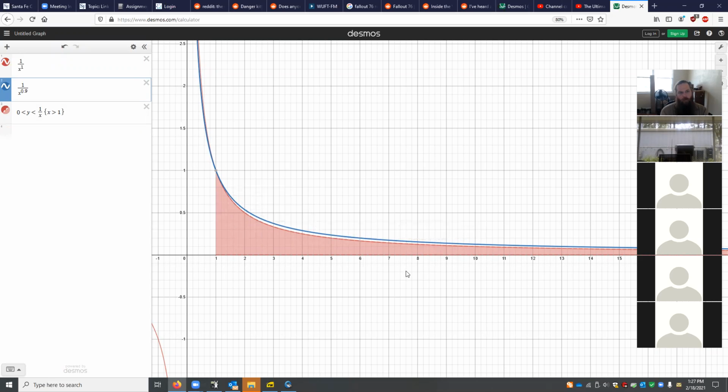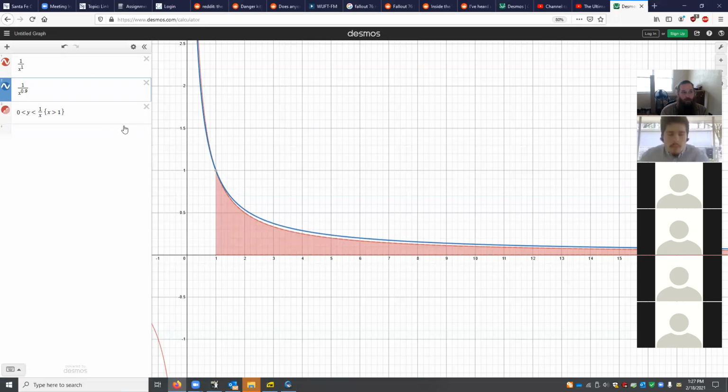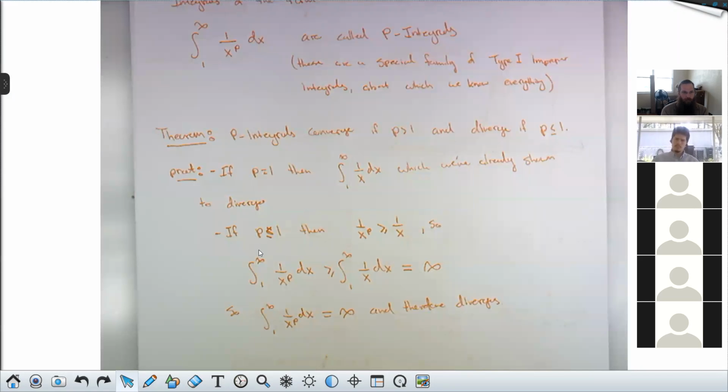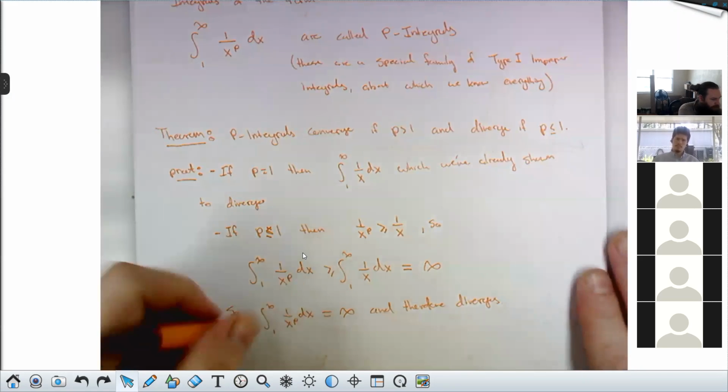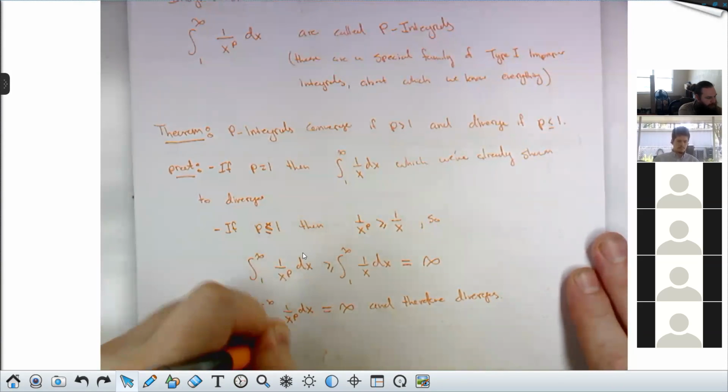So the area under the blue has to also be infinite, all right? So far we know if p is equal to 1, the integral diverges. If p is less than or equal to 1, then the integral is bigger than the integral of 1 over x and must therefore diverge. The last case where we actually have to do some work is if p is greater than 1.